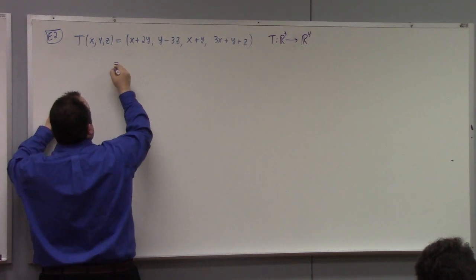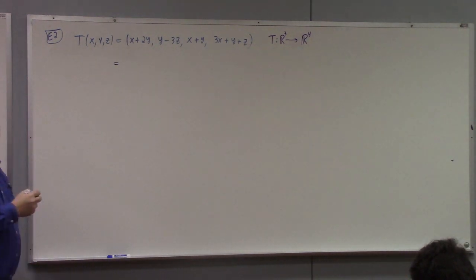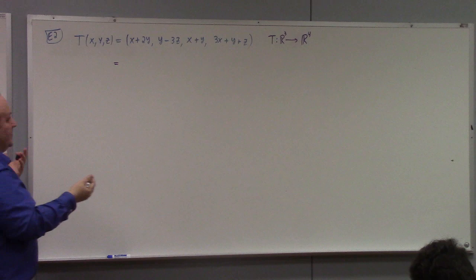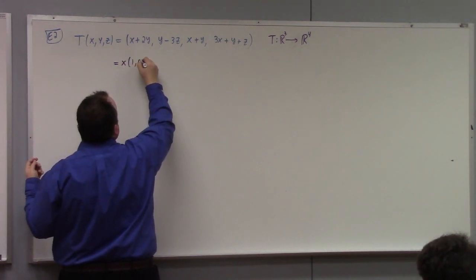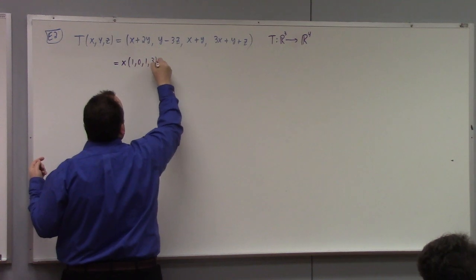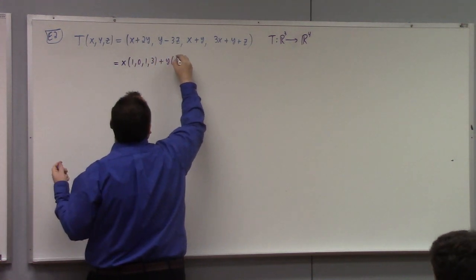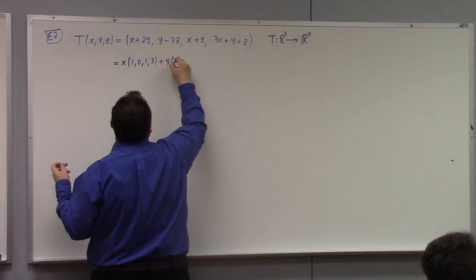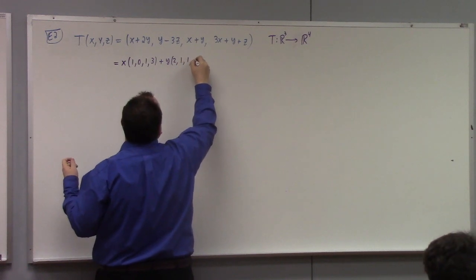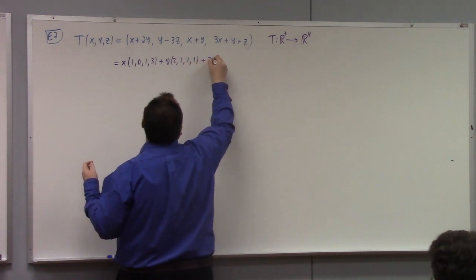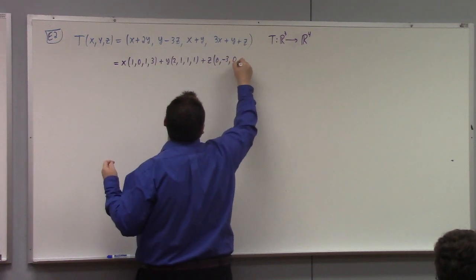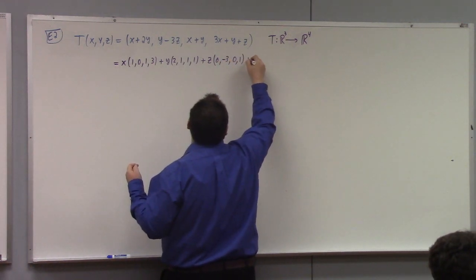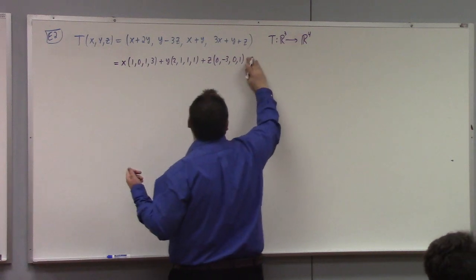Okay. And let's see here. Let me suggest the following. We can rewrite that formula as x times (1, 0, 1, 3) plus y times (2, 1, 1, 1) plus z times (0, -3, 0, 1). That's it.